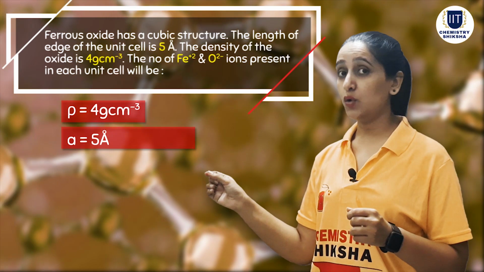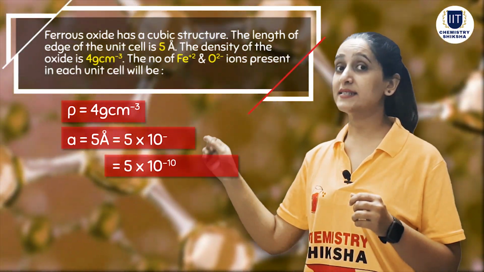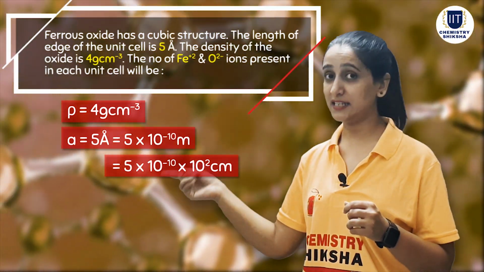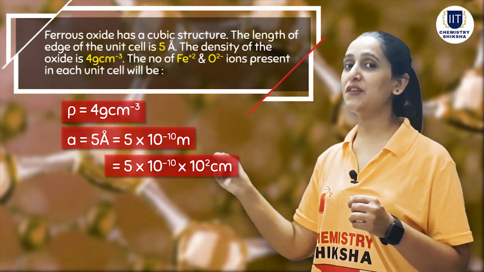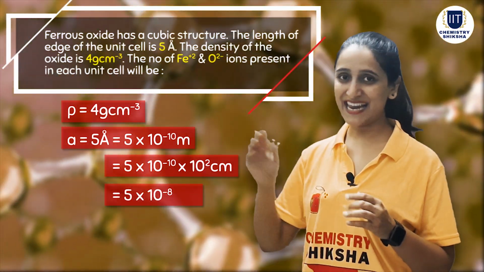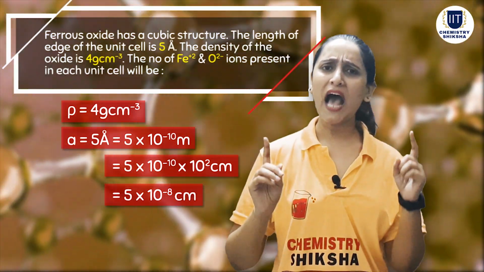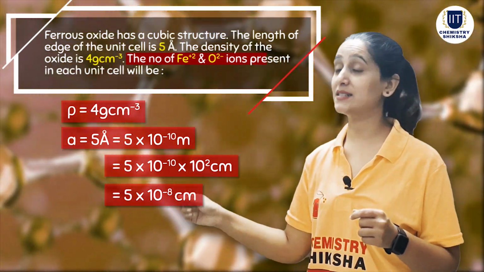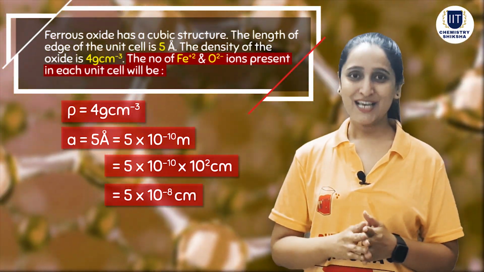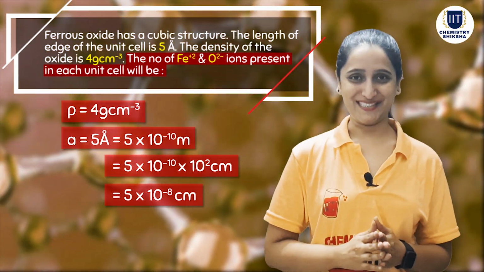So it will be 5 into 10 to the minus 10 meters, and to convert into centimeter we have to multiply by 10 to the power 2. So it comes out to be 5 into 10 to the power minus 8 centimeter. You have to calculate the number of ferrous ions and oxide ions which are present per unit cell. So let's start the solution.